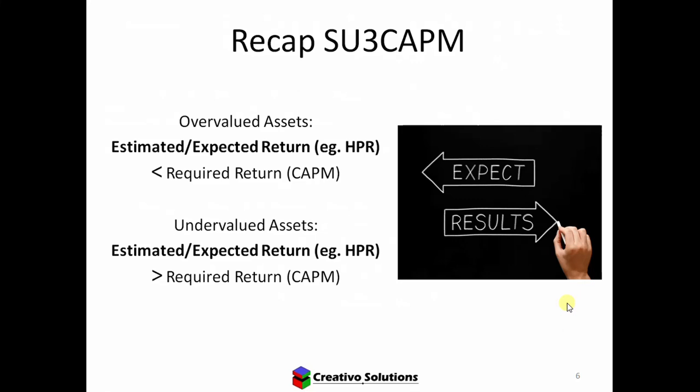Then we also looked at decision making, where we had the actual CAPM pricing model. Just remember, when you have CAPM and you're looking at the required rate of return, that's always going to be compared to what you've expected. And that could be calculated using the holding period return. So an overvalued asset would be an asset that has an expected return which is less than what is required.